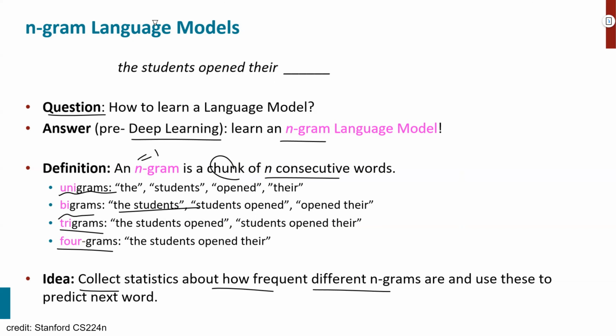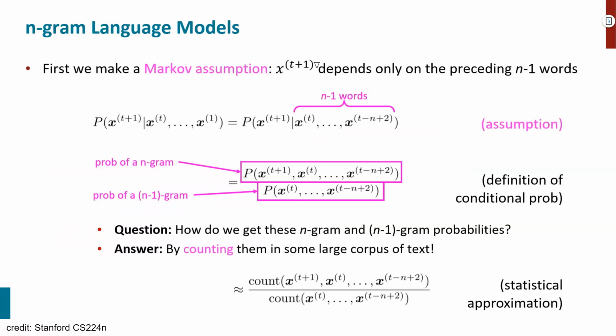So in this example, "the students opened their", we can use 1, 2, 3, 4-gram, and 5-gram, and see what is the most probable word that will come here. We can calculate the probability using 4-gram and 5-gram.